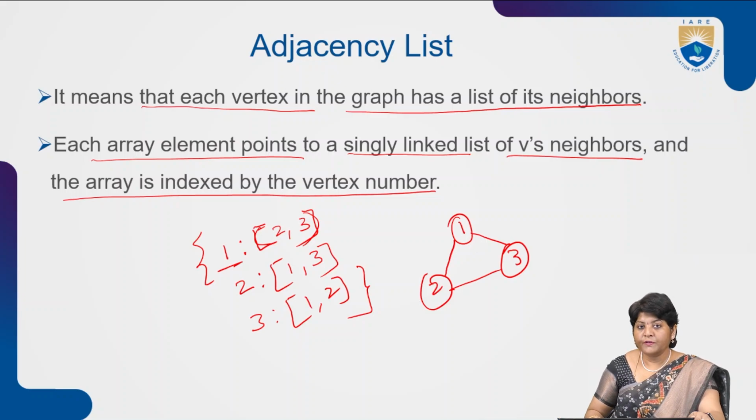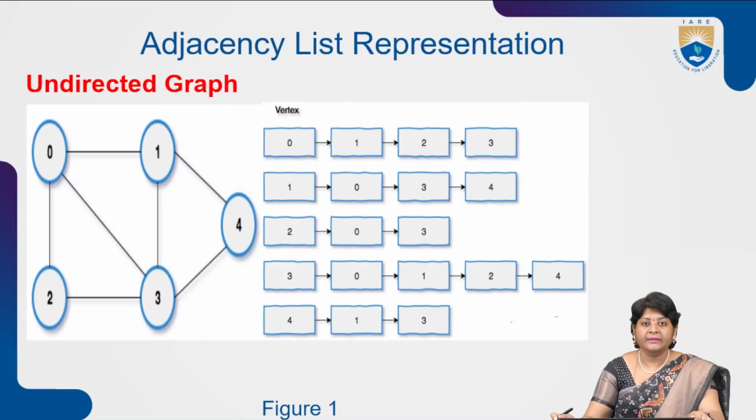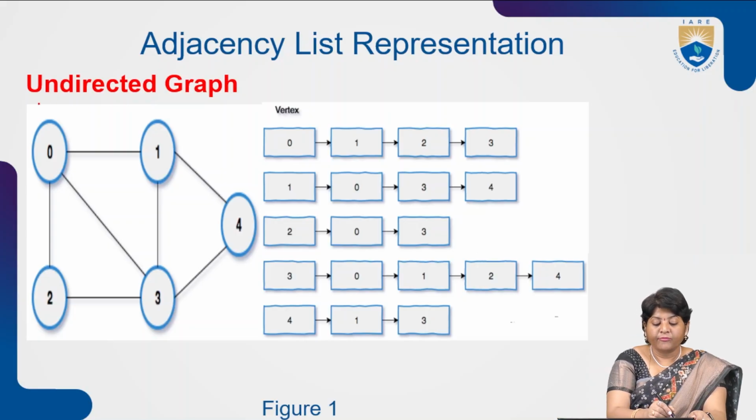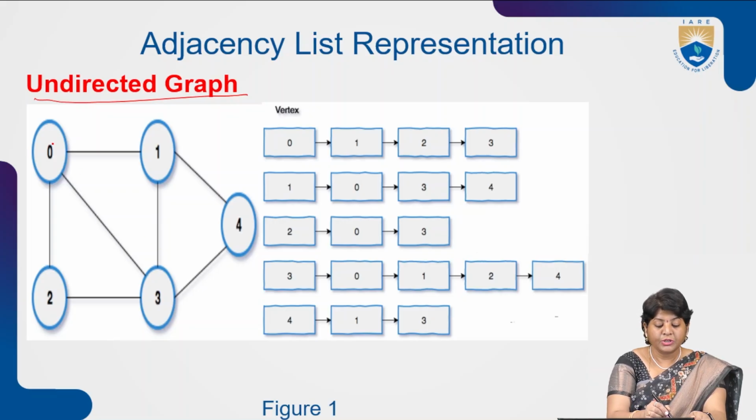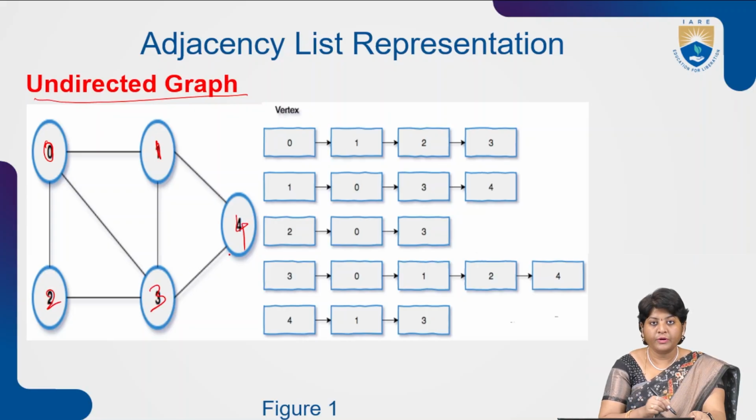So now we will see how it is in linked format and how it is stored in the computer's memory. So here we take an undirected graph. This figure represents an undirected graph where 5 vertices are there, named 0, 1, 2, 3, 4.